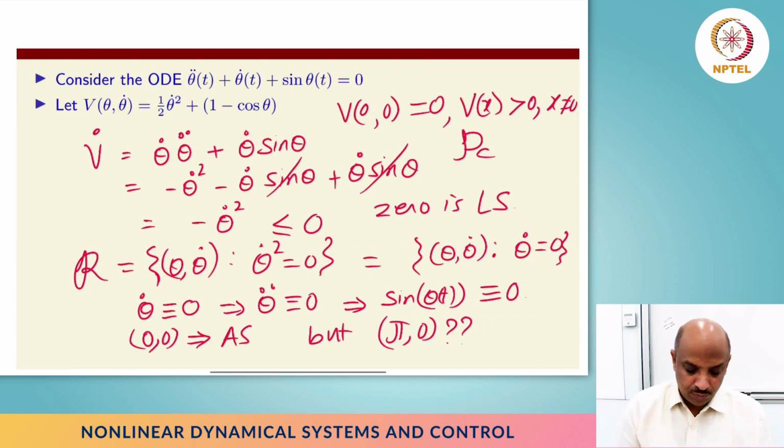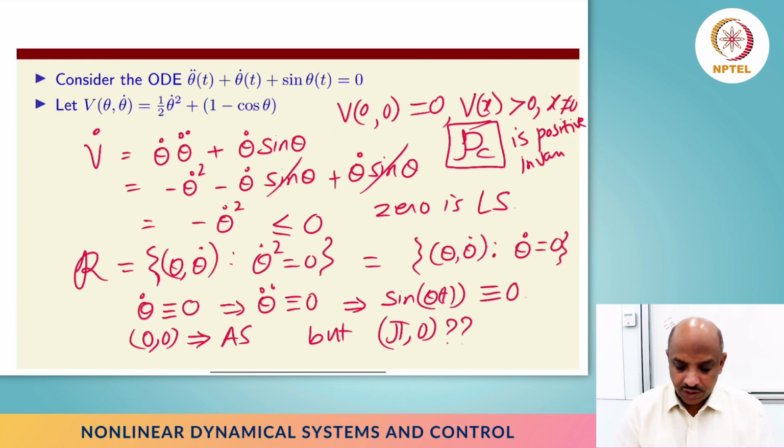So let me repeat the argument here. We have V of 0 comma 0 equal to 0, and positive definiteness, so we can find some sublevel set which is a positively invariant set, right? That's the starting point of our LaSalle. And then we showed that V dot is less than or equal to 0. Using this set R, we look for an invariant set in that.